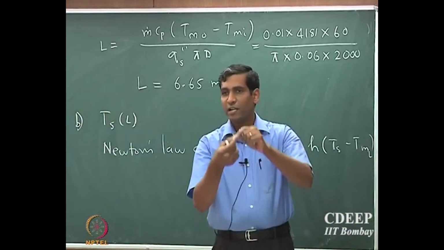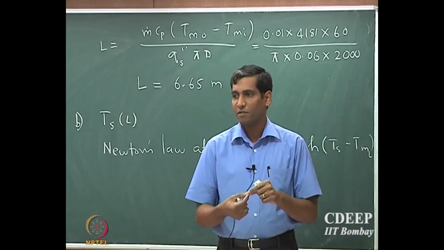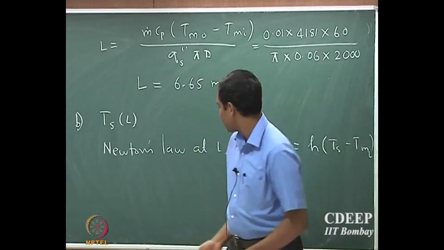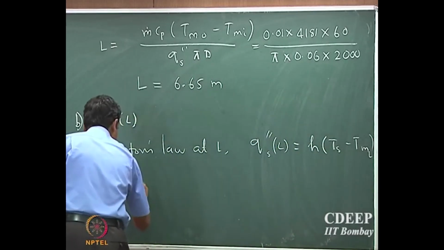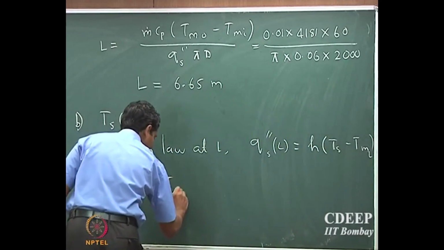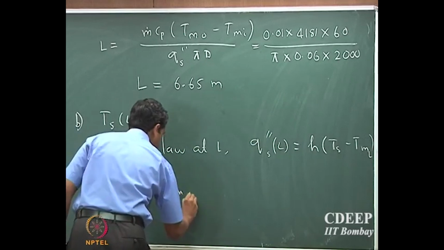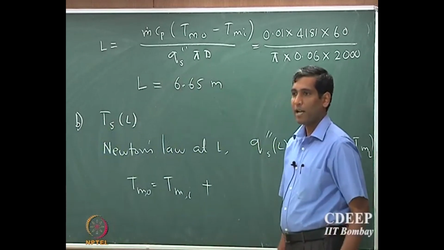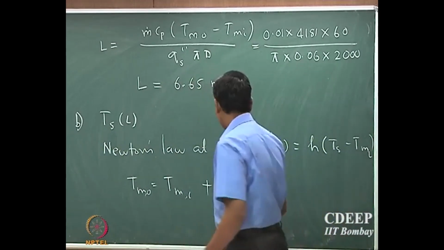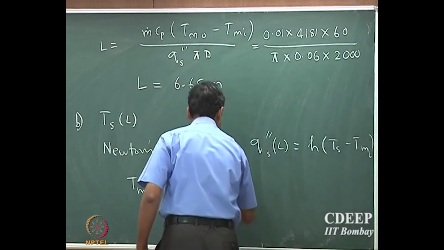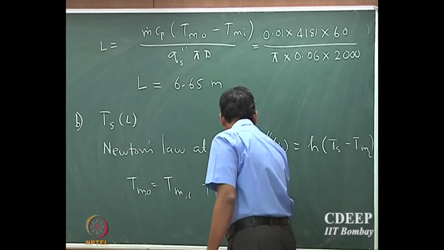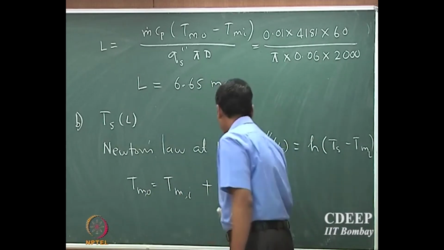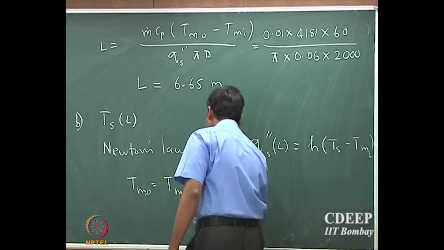I know the temperature profile of the mixing cup temperature, right? So I know that Tm is given by Tmi plus Qs double prime into P divided by m dot Cp into x.